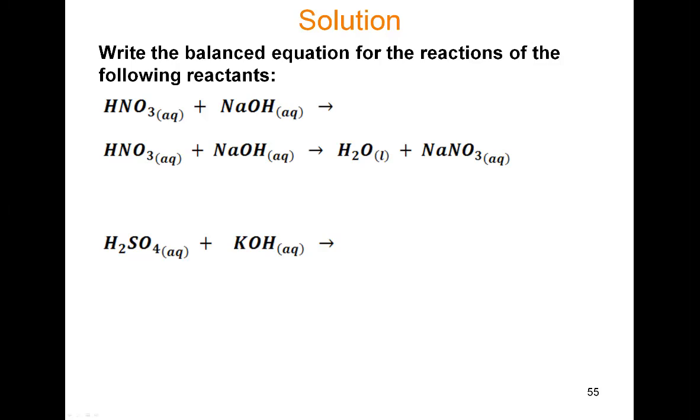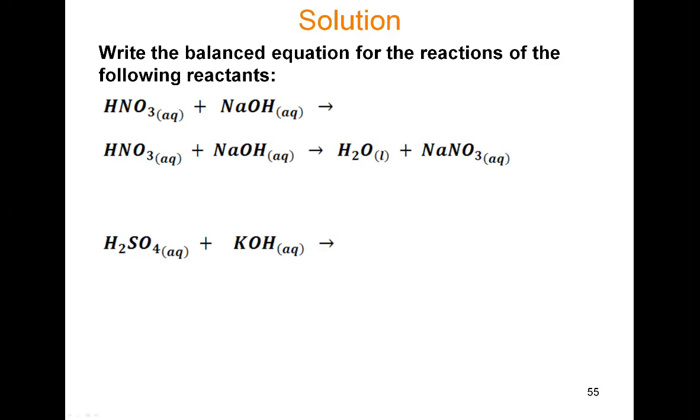Again, the acid will react with the base by donating its proton to the base. And here we have 2 protons in H2SO4, and they will both react and leave the acid formula. And so those 2 H+ will react with OH- and form water, H2O.